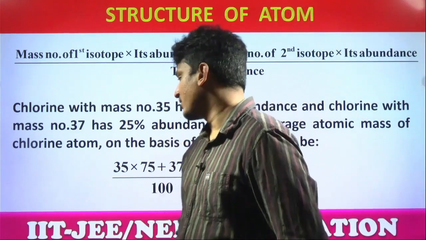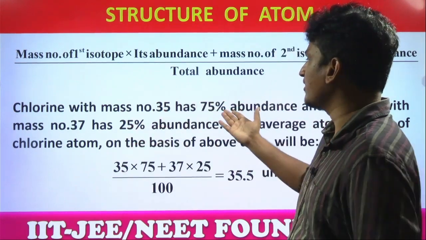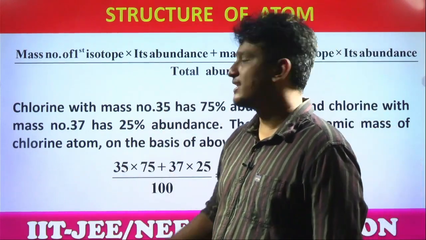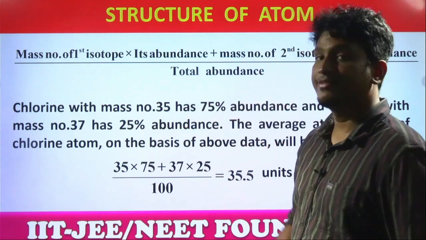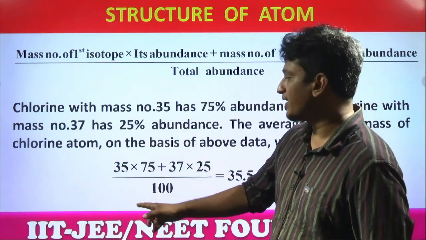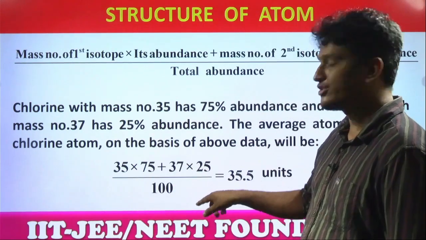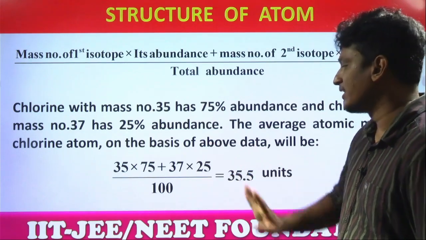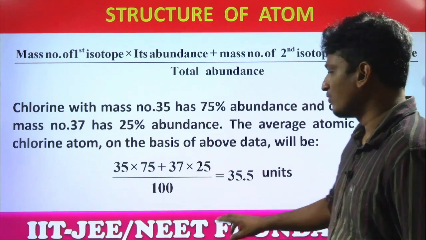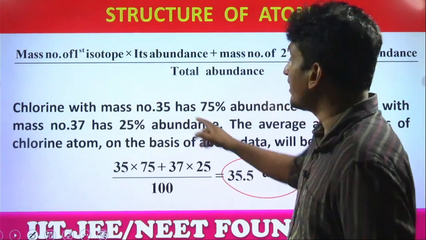That's it. For example, chlorine 35: mass number is 35, its abundance is 75%, and chlorine 37 is 25%. This is the formula: 35, its mass number, into its percentage of abundance, plus 37, one more isotope, into its percentage of abundance, by total 100%. What mass did we get for chlorine? 35.5. 75% is chlorine 35 only.